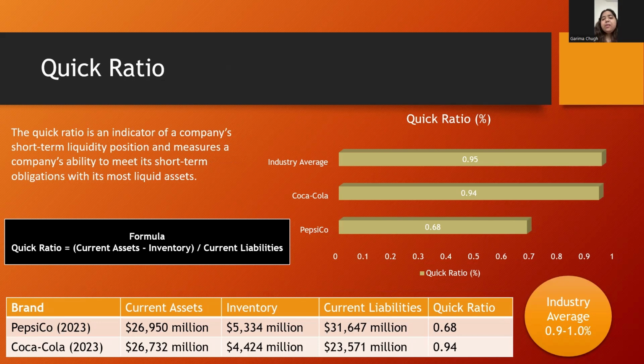As we can see, the graph indicates that PepsiCo has a quick ratio of 0.68, while Coca Cola's is higher at 0.94. The industry benchmark is 0.9 to 1.0, meaning Coca Cola is well within standard, while PepsiCo is slightly below. This indicates Coca Cola has a stronger ability to meet its immediate obligations without relying on inventory sales. Now, moving on to the next slide.